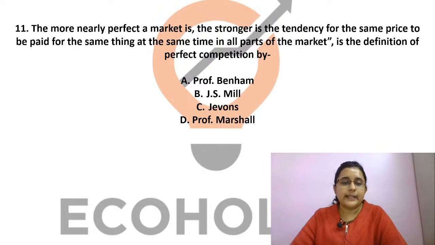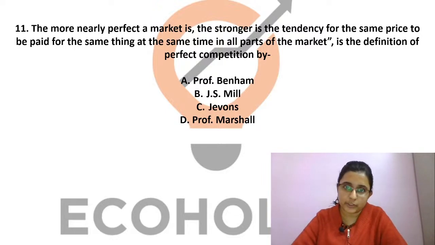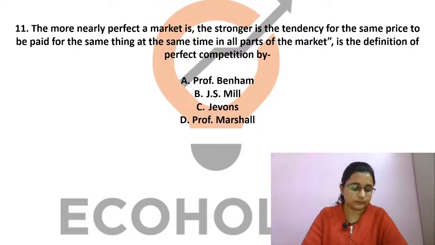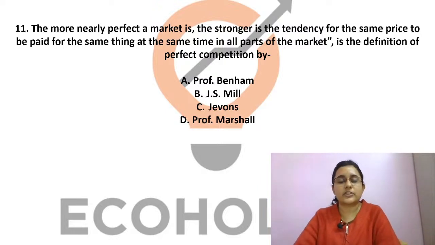Now, the more nearly perfect a market is, the stronger is the tendency for the same price to be paid for the same thing at the same time in all parts of the market. This is the definition of perfect competition. Now, you have to tell me which economist has given this definition of perfect competition. Please try question number 11.